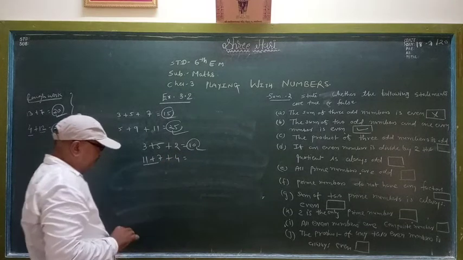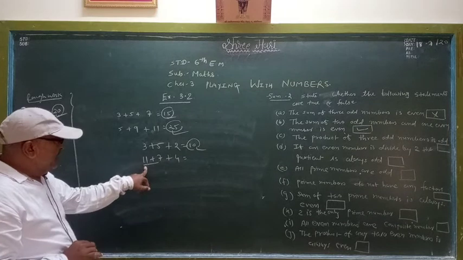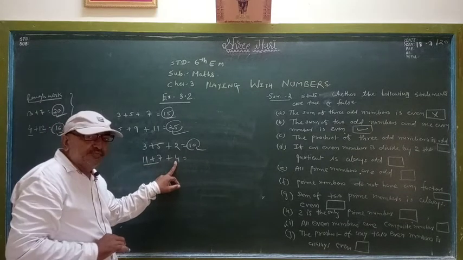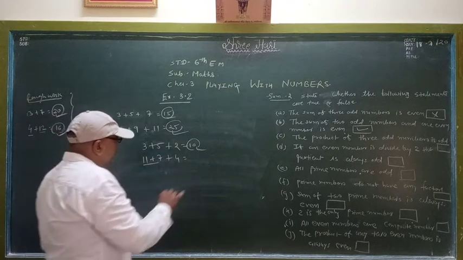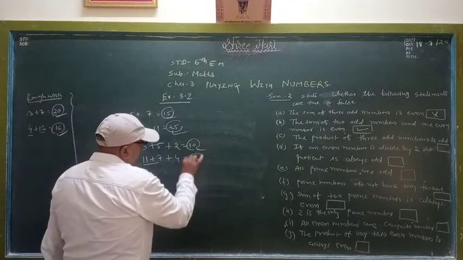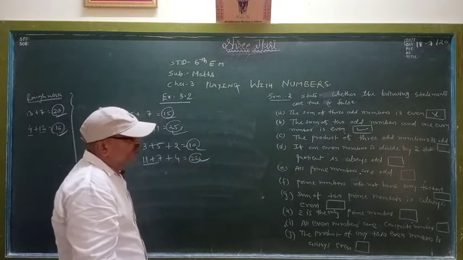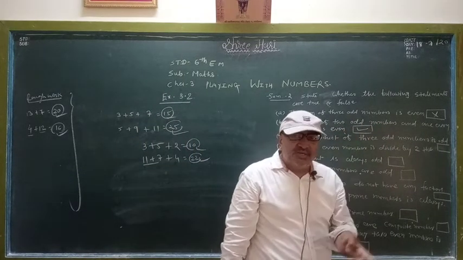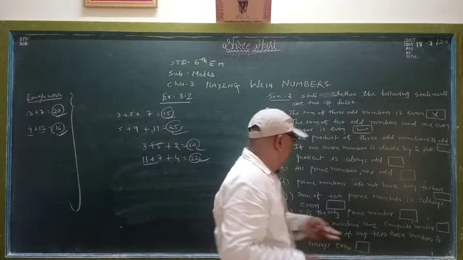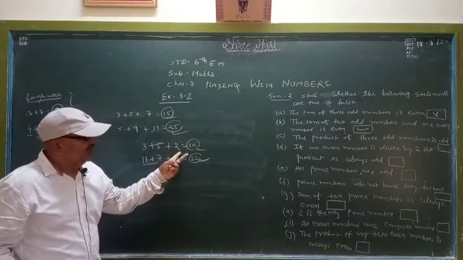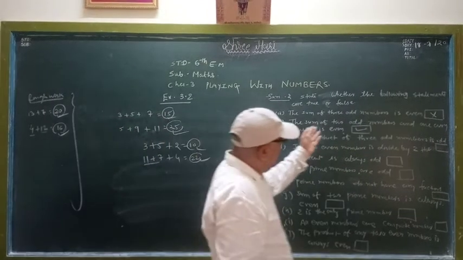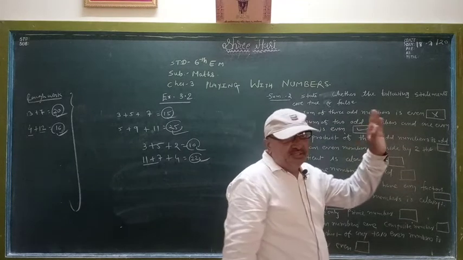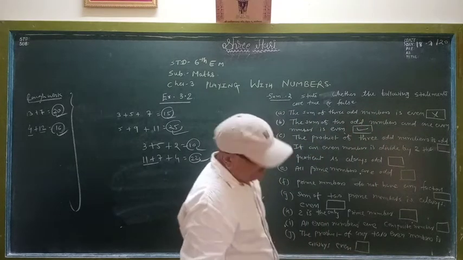What is the answer? 11 plus 7, 18. 18 plus 4, 22. 22 is also even. So the sum of two odd numbers and one even number is even. So this statement is true.